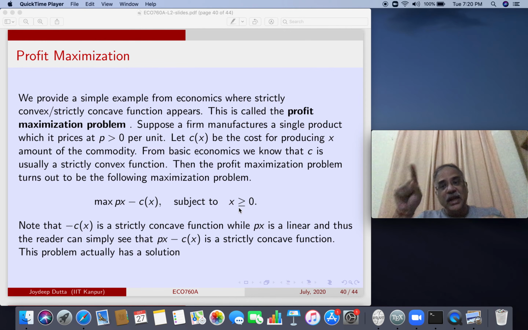Later on, we will show that any twice continuously differentiable function which has its second derivative strictly bigger than 0 is actually a strictly convex function. So this assumption that the cost function is strictly convex is not a bad assumption. So these things that you have learned come into very simple and very practical problems like profit maximization, which most of us would understand immediately.